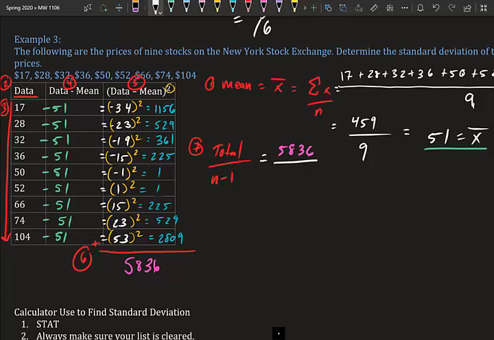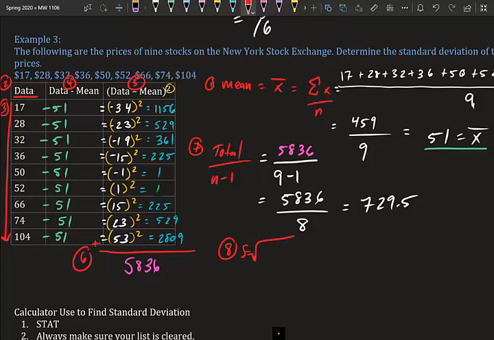We have 9 numbers, so 9 minus 1. 5,836 divided by 8, and we get 729.5. Now our last step is to find our standard deviation, and it's the square root of step 7. So the square root of what we got in step 7, we get our standard deviation is approximately 27.01.